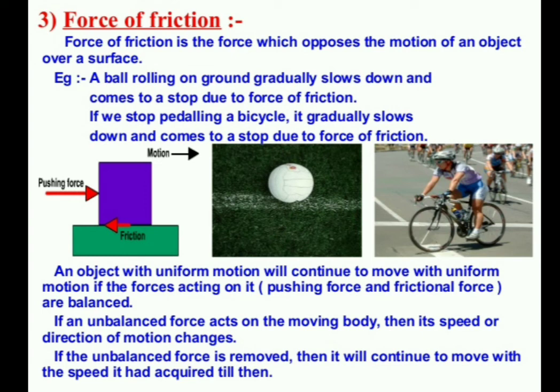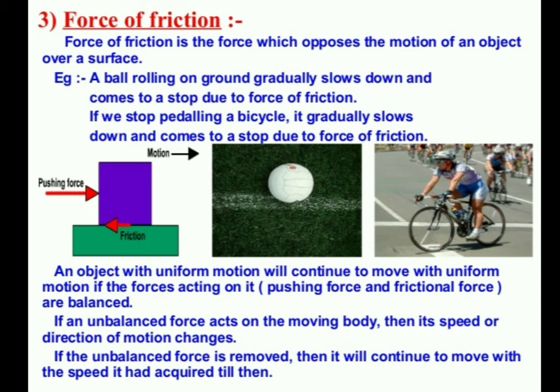Because the pushing force and frictional force are equal, or balanced. For example, if you do not stop pedaling the bicycle, you keep moving continuously, covering equal distances in equal intervals of time. We say that is uniform motion, because the pushing force is equal to the frictional force. That is nothing but balanced force.